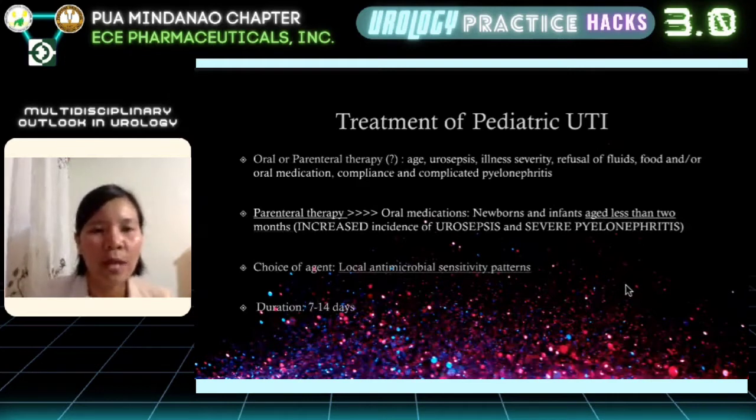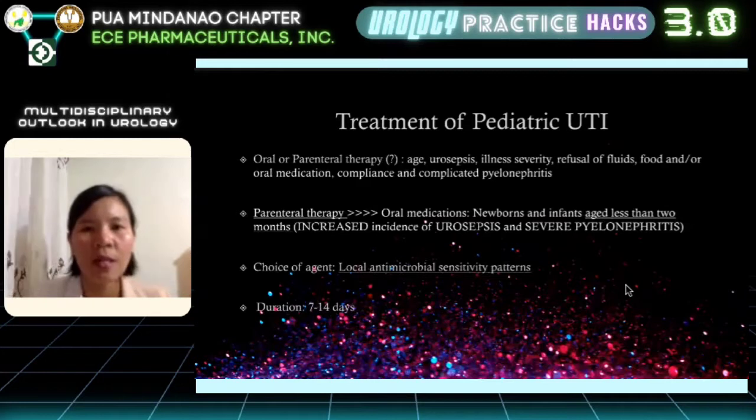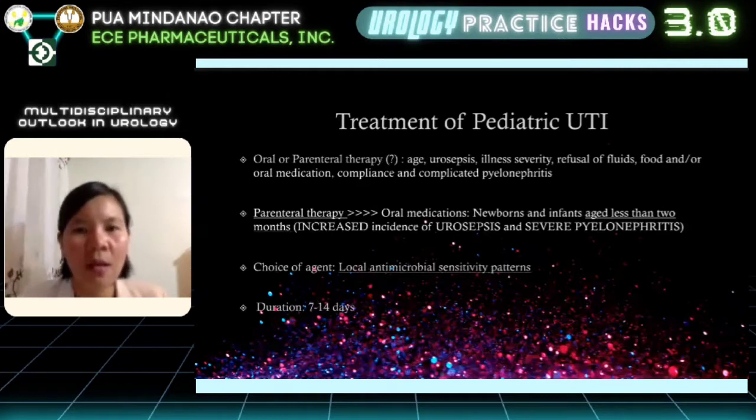So how do we choose the antibiotic for this patient? We base it on the local antimicrobial sensitivity patterns, and it should be adjusted according to the sensitivity testing of the isolated uropathogens. The choice of antibiotics should be guided by good antibiotic stewardship.